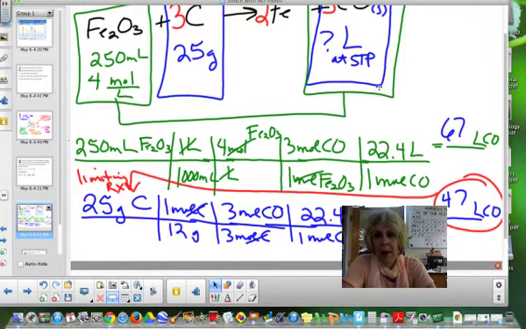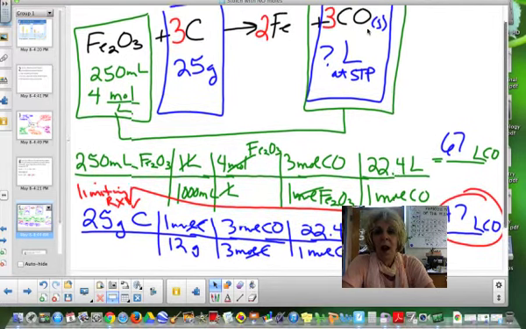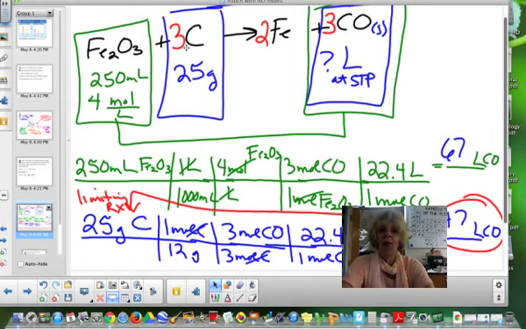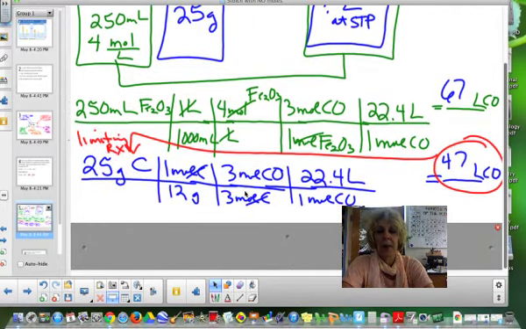So I look at my balanced equation and I see, okay, for every 3 moles of carbon monoxide, there are 3 moles of carbon needed. And so that's where I get this 3 to 3 right here. And then because the question said liters of carbon monoxide at STP, I'm going to convert from moles to liters, and I get 47 liters of carbon monoxide.